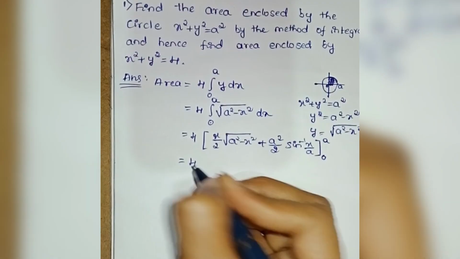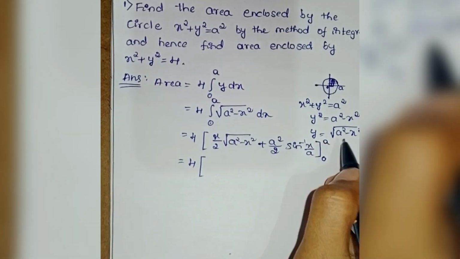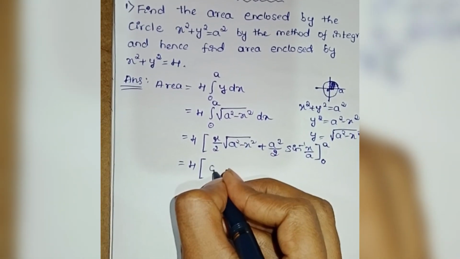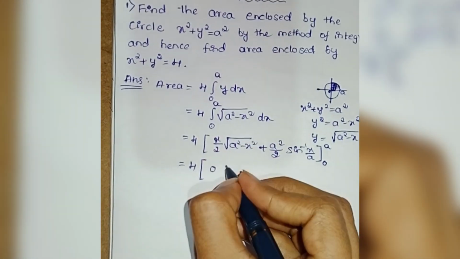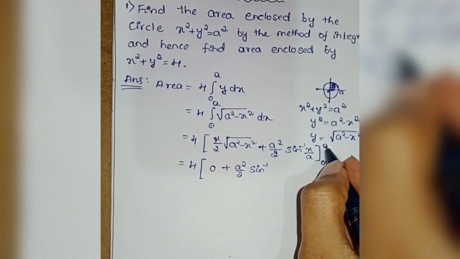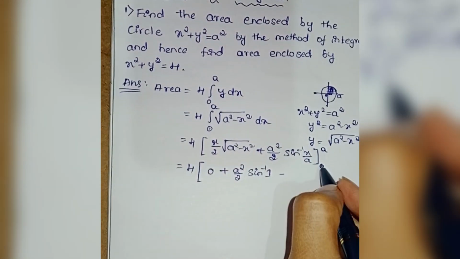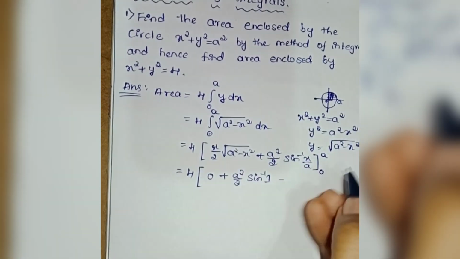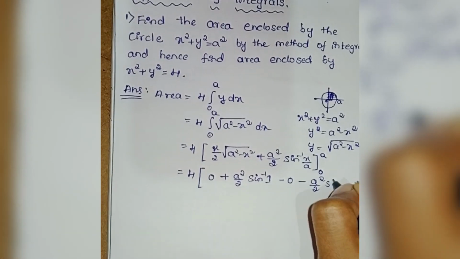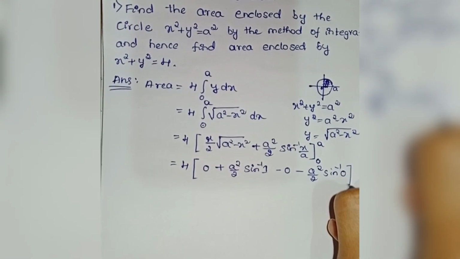Which is equal to, apply the limit. So 0 to a, upper limit is a. Apply the upper limit first. If you substitute x is equal to a here, then a square minus a square is 0. Complete, this is 0 plus a square by 2 sin inverse of a by a, that is 1, minus the lower limit 0. Applying here, 0 into some term is 0, minus a square by 2 sin inverse of 0 by a, that is 0, right?